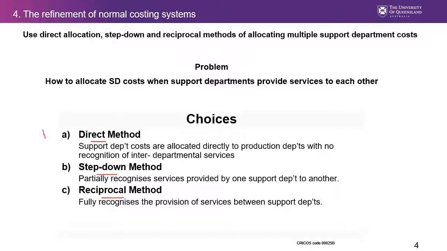By the direct method, what we mean is we ignore the relationship between the interdepartmental services, so we ignore any kind of support department services between support departments. In the step-down method, we partially recognise that one support department might supply services to another, and in the reciprocal method, we fully recognise the provision of services between support departments.